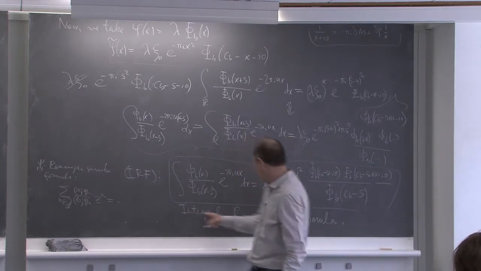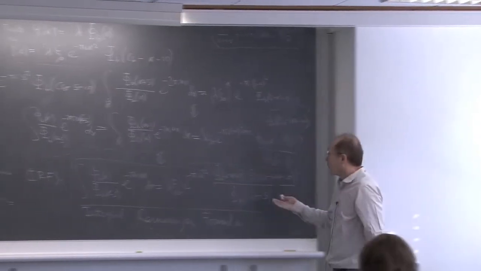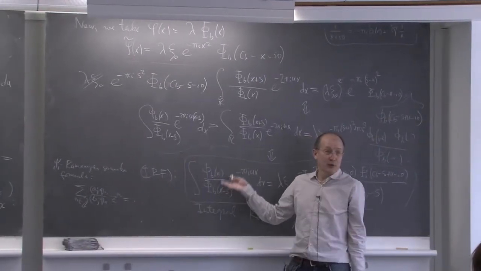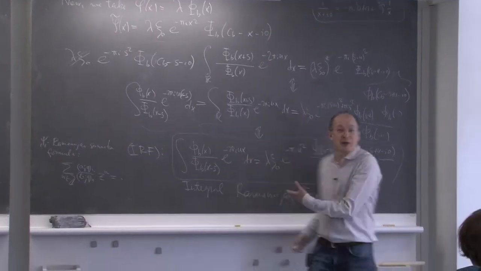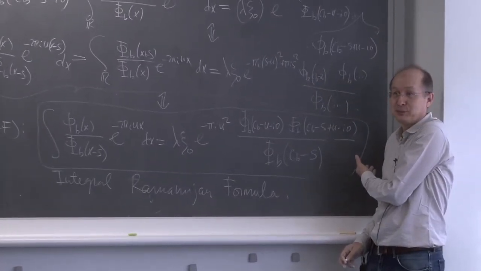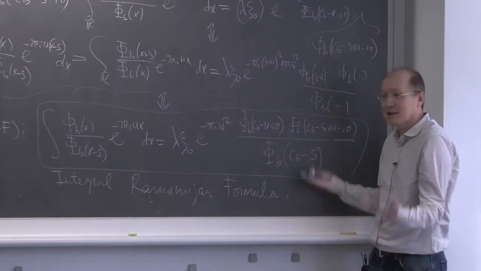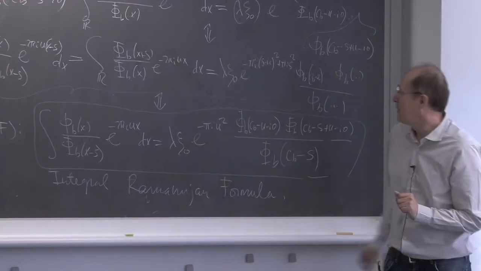This is the reason why I call it the integral Ramanujan formula. It is a very nice formula, because we take a fraction of two phi d functions, and we are still able to calculate its Fourier transform. It's still a very nice fact, but even more.